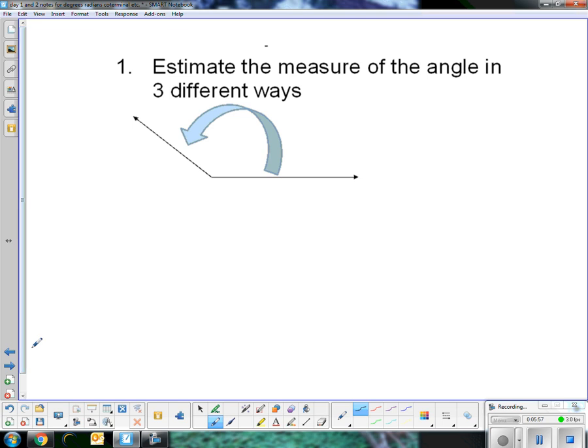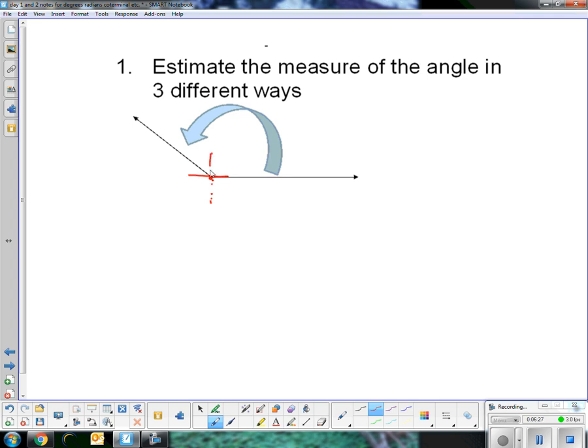So look at this next problem. It says estimate the measure of the angle 3 different ways. So if I wanted to estimate, I might take the vertex of this angle and put a little dotted line here and maybe extend it here.